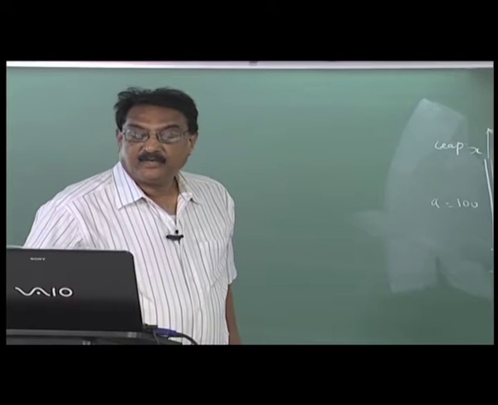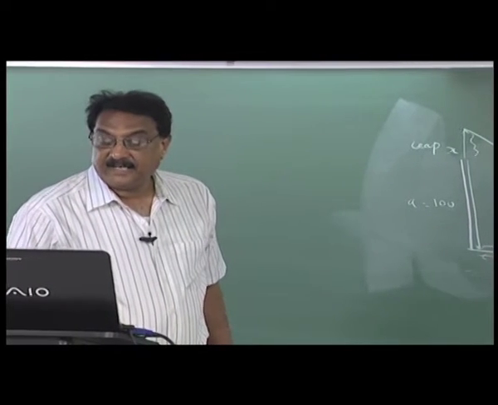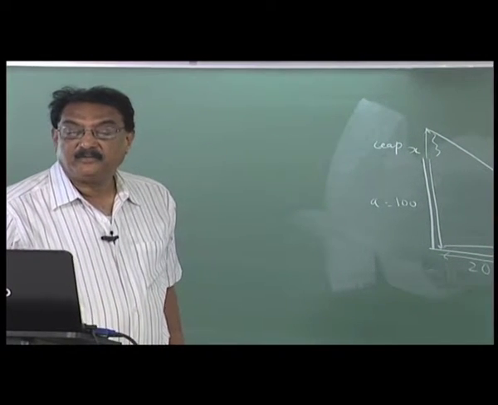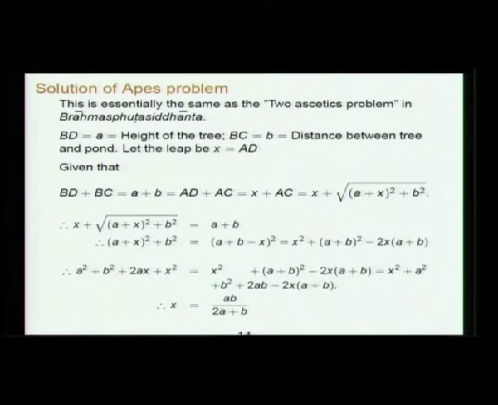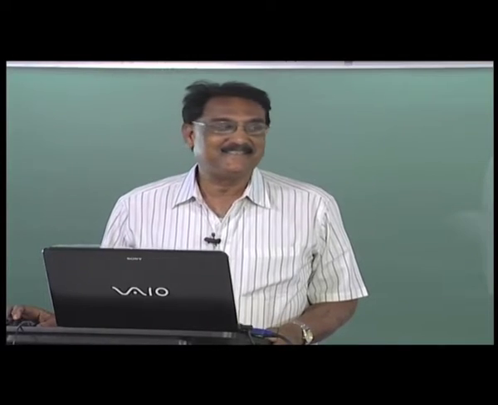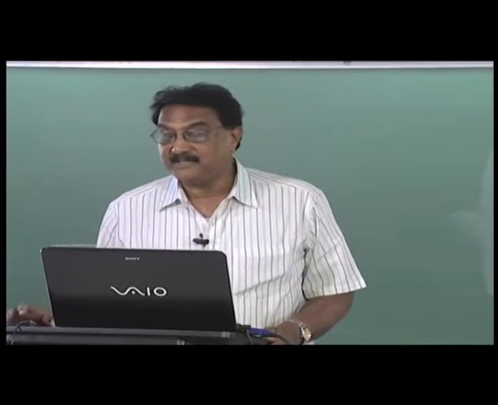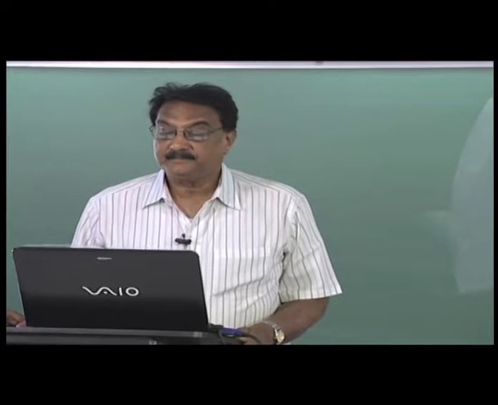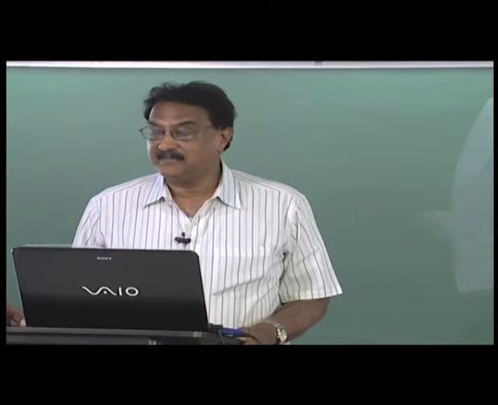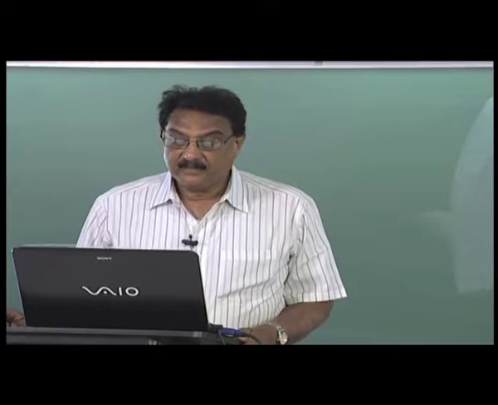One sees that it is essentially the same as the two ascetics problem in Brahmasphuta Siddhanta. The same thing, we had discussed this earlier. Only some numbers have been changed and the ascetics have been replaced by monkeys.